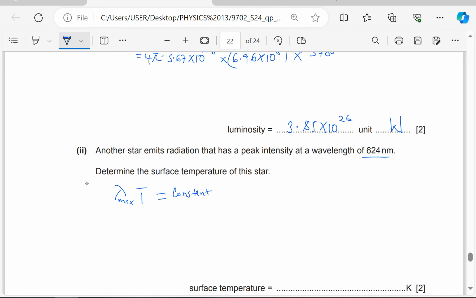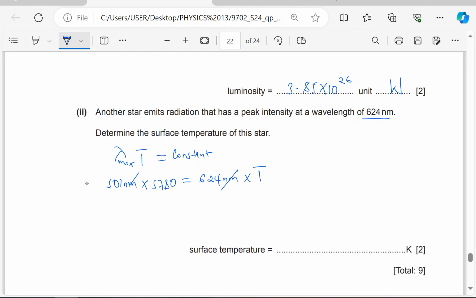So for the first one, I had 501 nanometers as wavelength times the temperature was 5780. Since it is a constant, should be equal to the second one, which is 624 nanometers times the temperature, which is not known. So the units of nanometers have cancelled out. We only remain with the units of Kelvin.